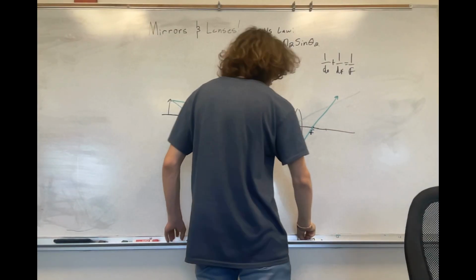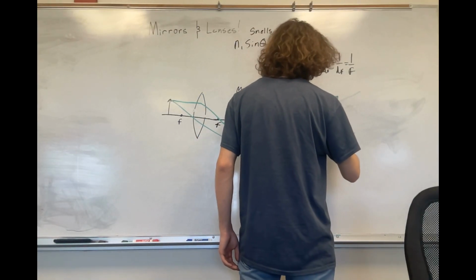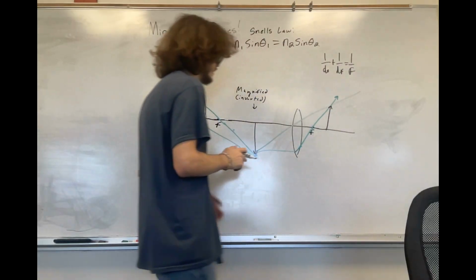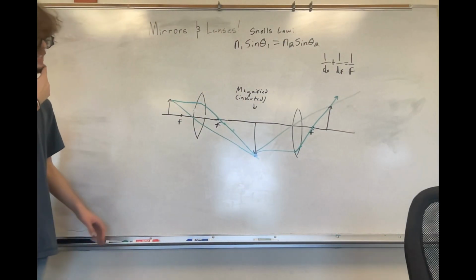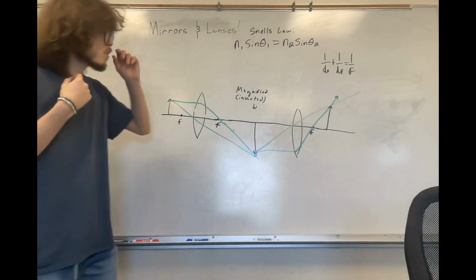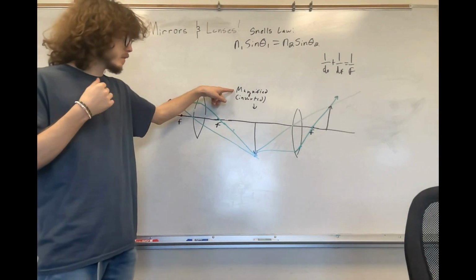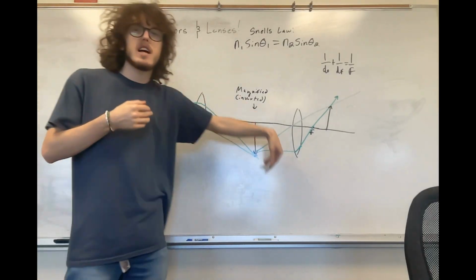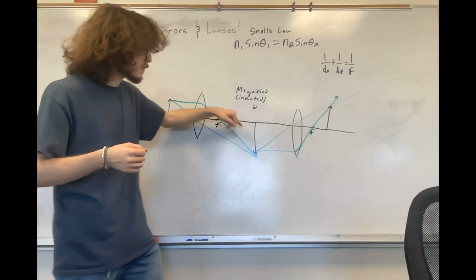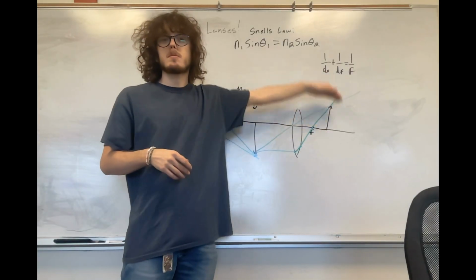Now, I didn't do this a whole lot of justice, granted. But when you put many lenses together, if you want magnification and you want it to be upright, you put two lenses together because you can magnify it once. Now in reality, this would be magnified too.